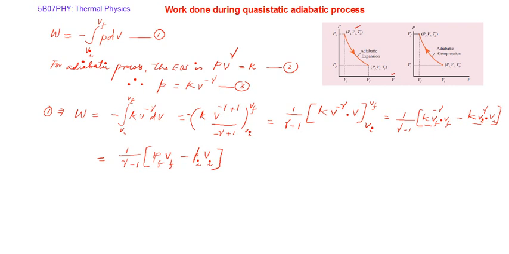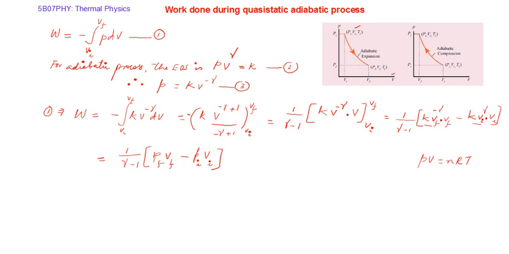Now I can once again modify this one, because it's of the form PV and we are dealing with an ideal gas system. For an ideal gas system, PV equal to nRT. And as we have seen earlier, during an adiabatic process, along with change in pressure and volume, there will be a corresponding change in the temperature also. So corresponding to Pi Vi, the temperature is Ti, as can be seen from the graph, initial point here.